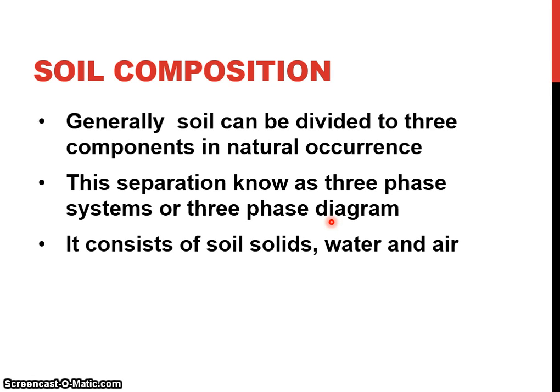Okay, note that in the previous slide I mentioned that soil can even have bacteria in it, fungi, and so on. But for engineering purposes, we only consider three components in the soil, which are soil solids, water, and also air.